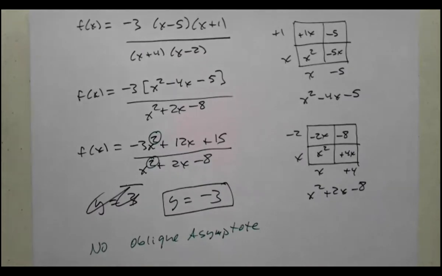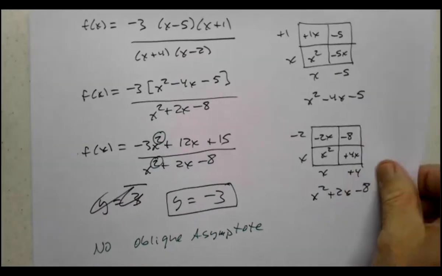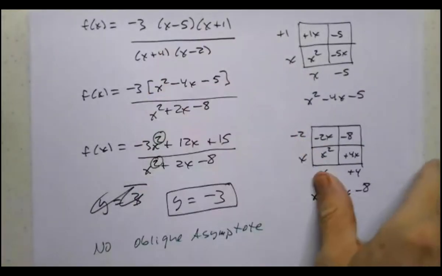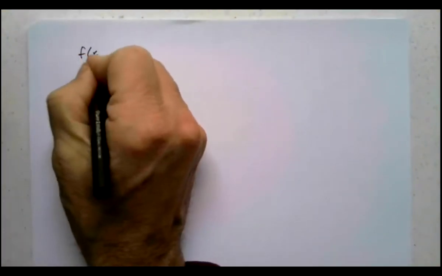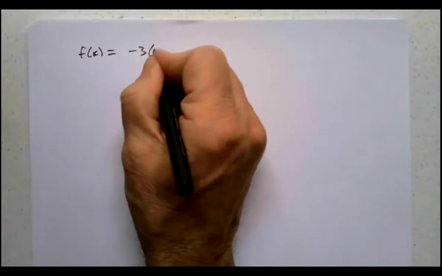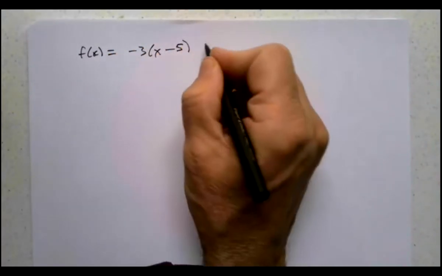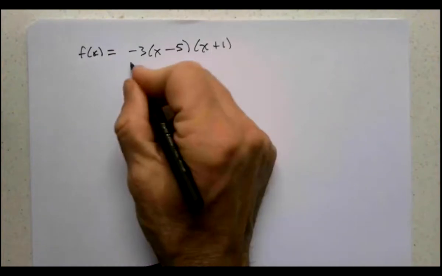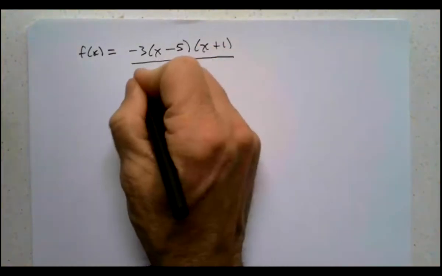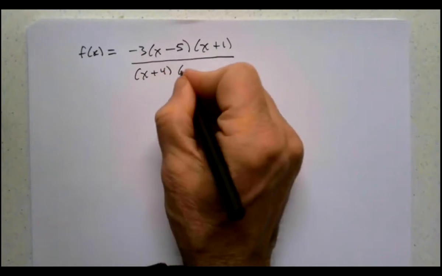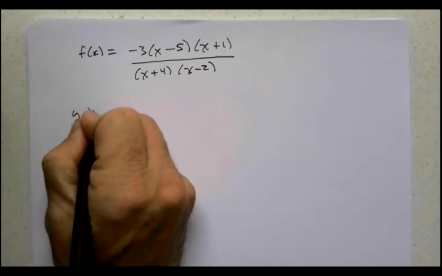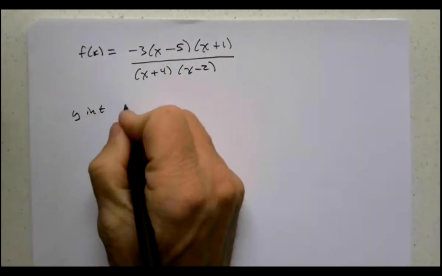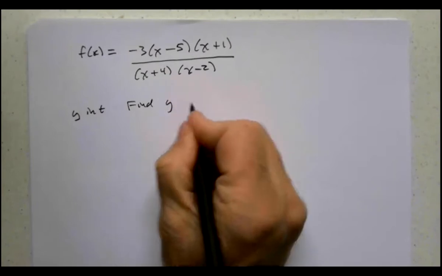We're going to finish this off by looking at the x-intercepts and y-intercepts. We'll focus on this part of the function one more time: f(x) = -3(x - 5)(x + 1) over (x + 4)(x - 2). The y-intercept is easier. Remember, the y-intercept occurs when x equals 0.